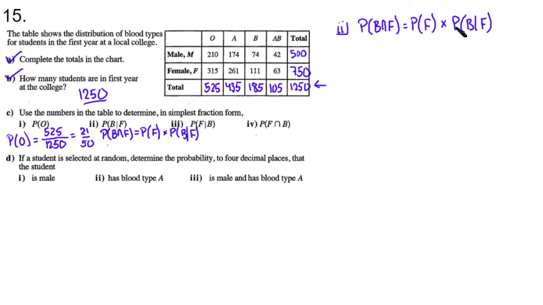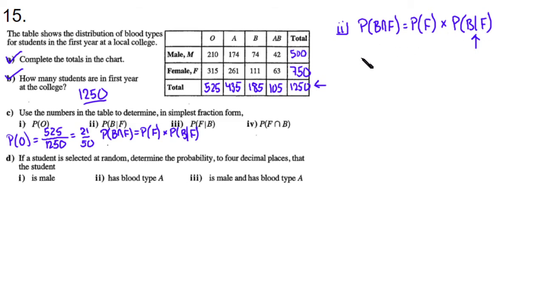So what we're looking for here is this. And what we will do is we're going to determine the probability of B and F, and we're going to determine the probability of a female being selected. If we know these two quantities, we can then solve for the probability of B given F. Okay, but the first challenge here is going to be finding these two quantities.